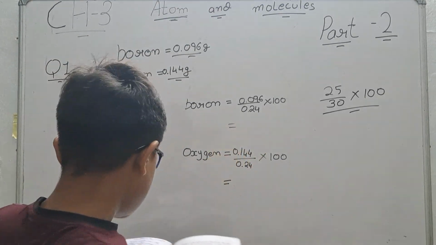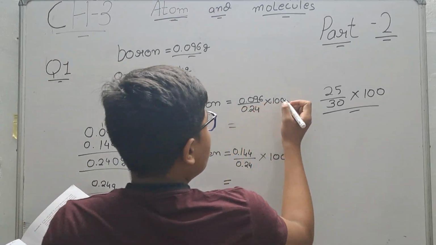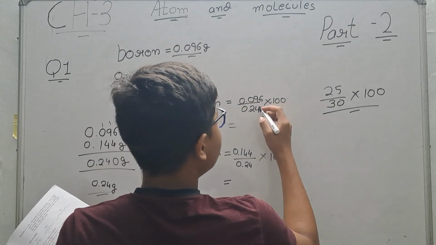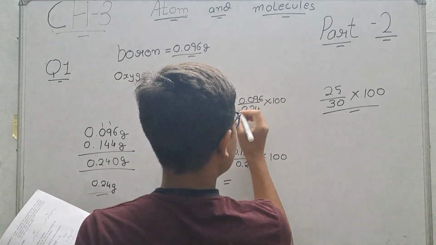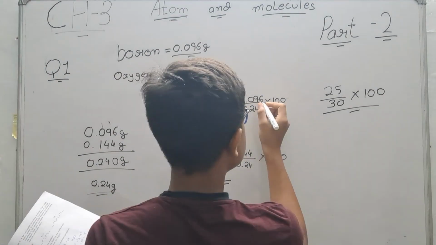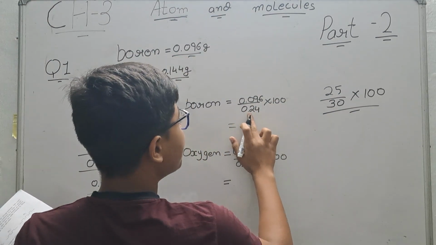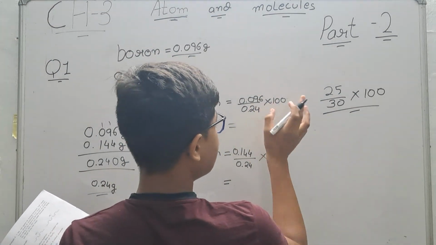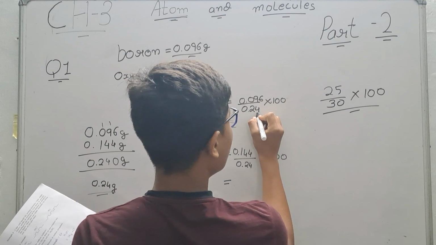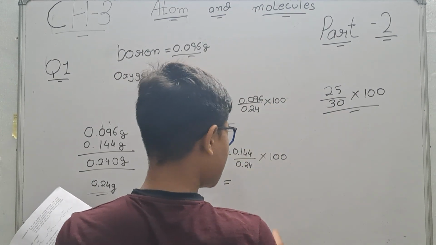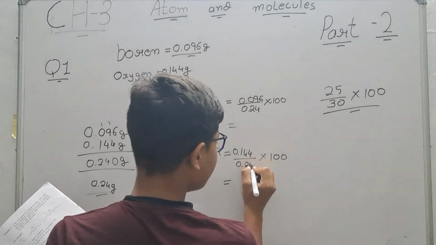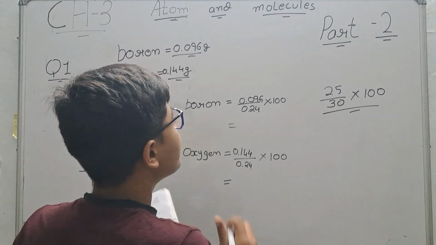So I will write. When you simplify it, you will get 40. You can see 24 divided by 96, they can be divided because both are even numbers, so it will be easy for you to do.